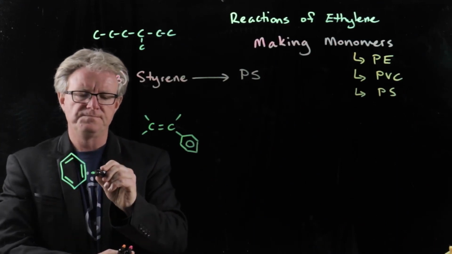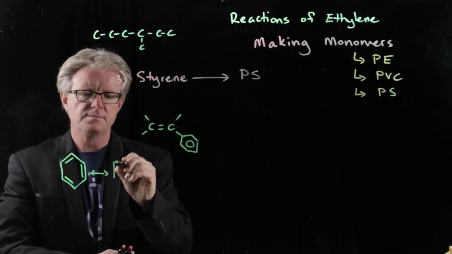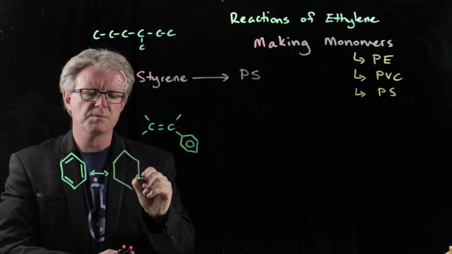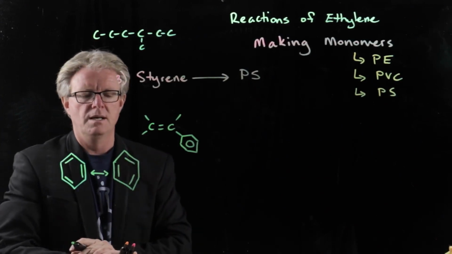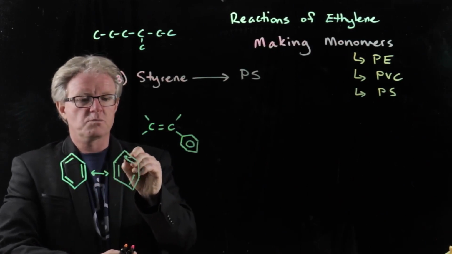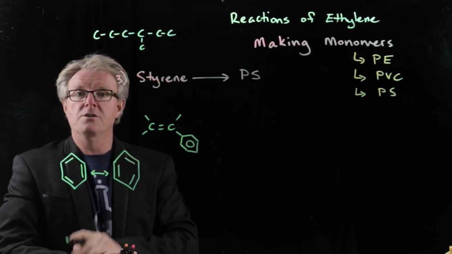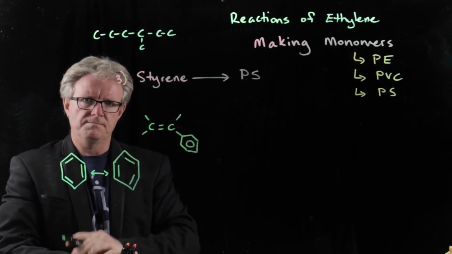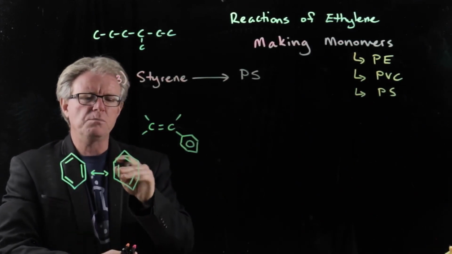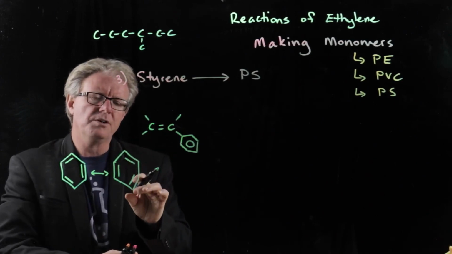But not only that, aromatics are characterized by this following phenomenon. Notice that I've just drawn the structure again, but the bonds are in a different location, because with aromatics, these bonds are constantly moving. In reality, they're not really moving. It's not really a double bond. It's a hybrid.